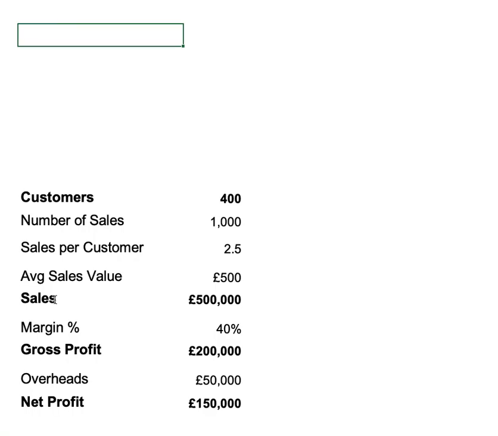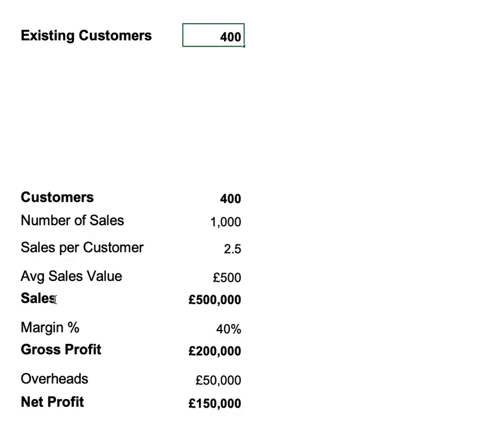But we also know that at the end of the previous year, the beginning of this year, how many existing customers we had. And coincidentally, we had 400. But not all of them bought this year. In fact, we lost a number of customers during the year. And from that original 400, we ended up with 350.